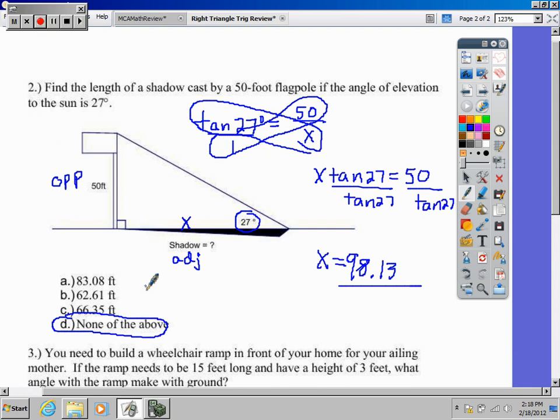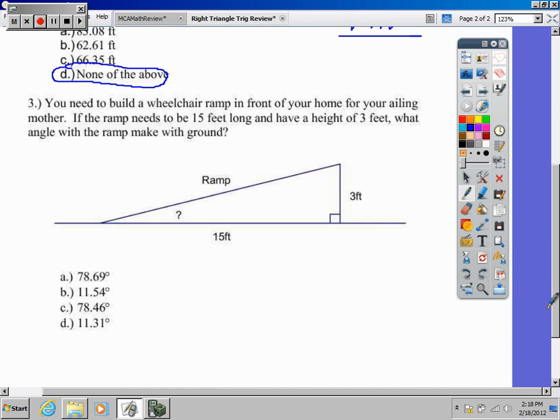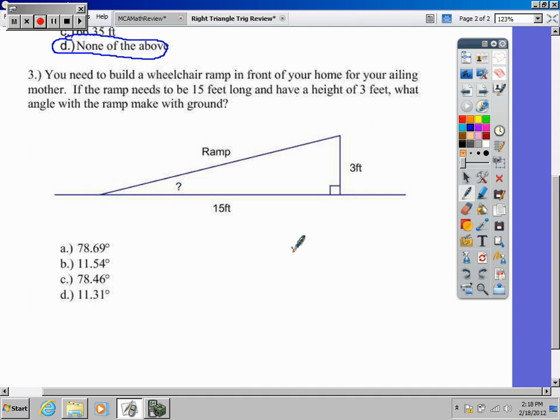I'm looking for 98.13. Well, it's not there, so my answer is going to be D, none of the above, because none of them match in my situation. Now be careful if it does match, because it could be that you still did something wrong, because normally they're going to list answers with the most common mistakes that people make on the problems themselves.